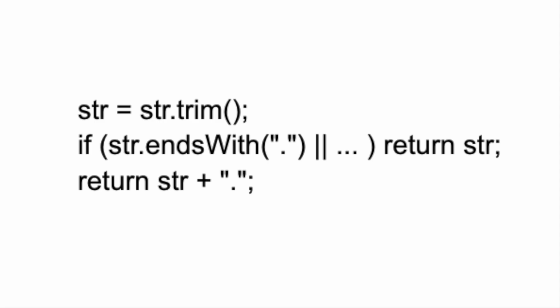And if the sentence already has a valid end punctuation, we're going to leave it alone. Otherwise, as you can see here, we append a period, and this makes the output look like proper English sentences. This is because of terminal punctuation in grammar.